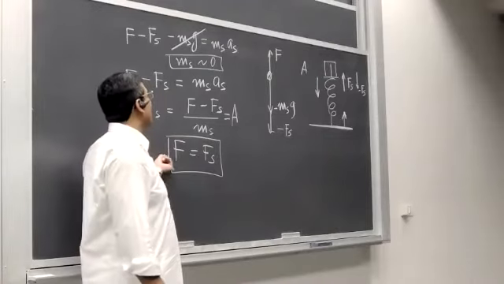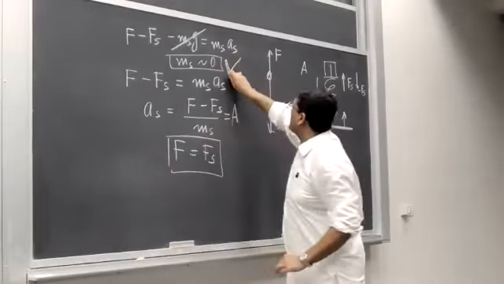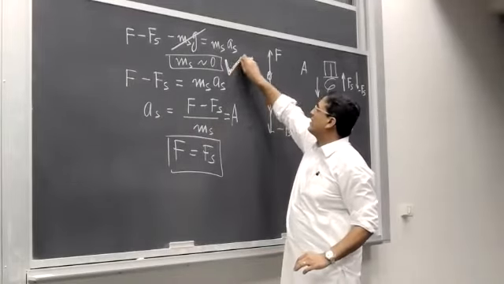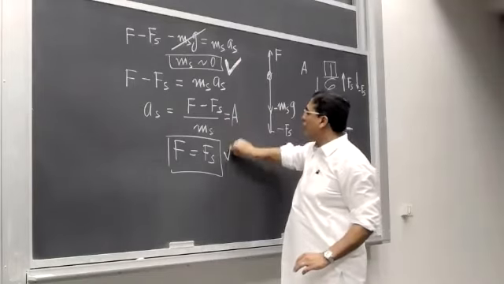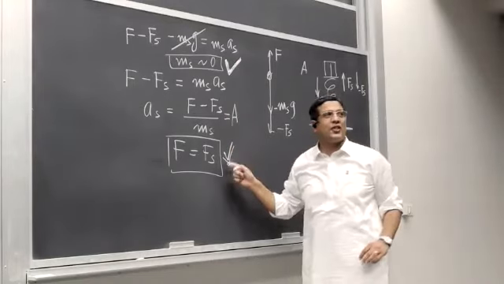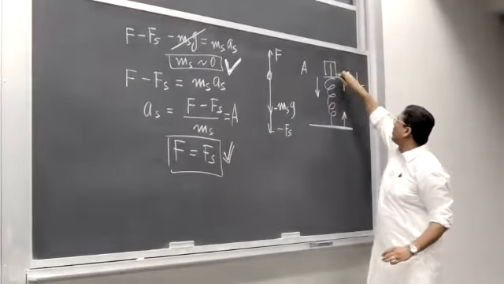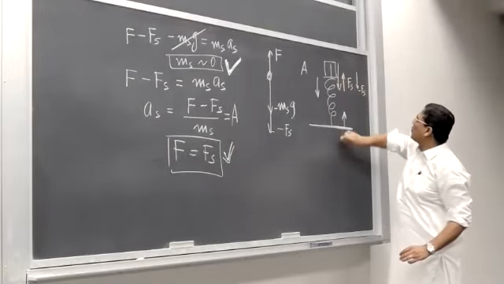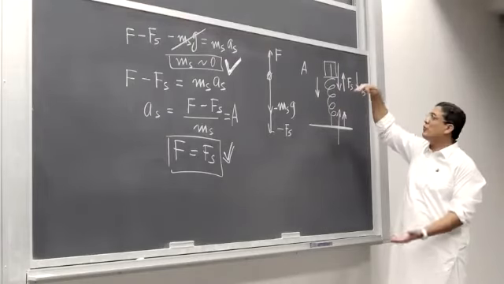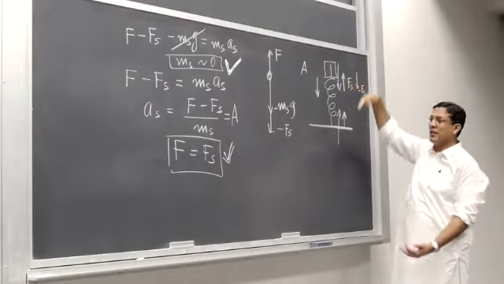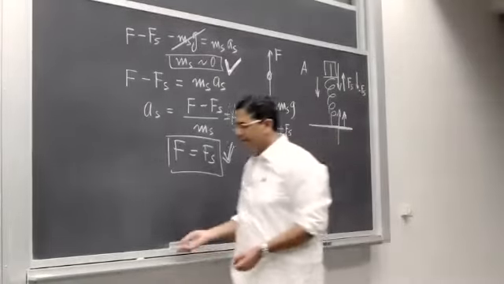This is very important. They become equal because of the assumption that the spring is massless. Otherwise, these two forces would not be equal, and this is not an action-reaction pair. One force is being exerted by the block on the spring, and the other force is being exerted by the elevator on the spring. Two different bodies exerting two forces on the same object from two different sides, and they become equal only because of this assumption.